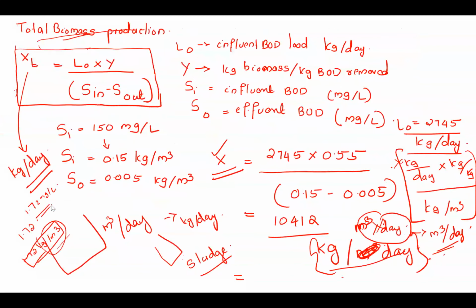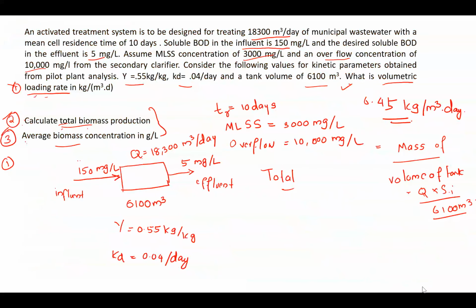But till here, what I told about total biomass production, kg per day is the unit. Kg per day is the unit. That is finalized till now, and I will cross check this with the previous lecture answer and do it in the next week quickly. Is that fine?